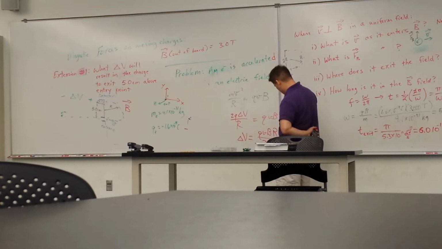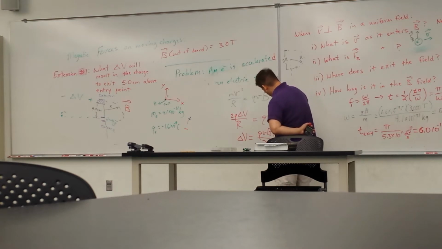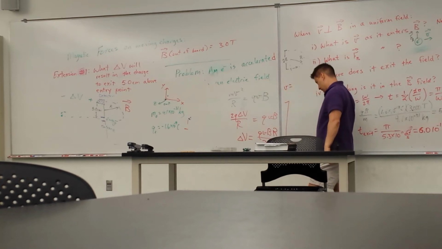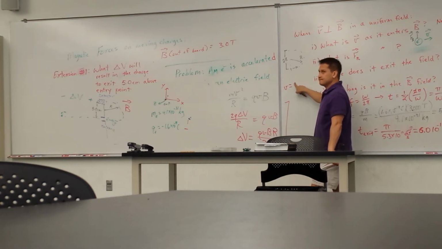I don't know if we can do it this way because we don't know what v is. Yeah, you can just relate v to the other, because there's the relationship that qvB is equal to mv squared over r. You can solve for v and just replace that with the other variables.